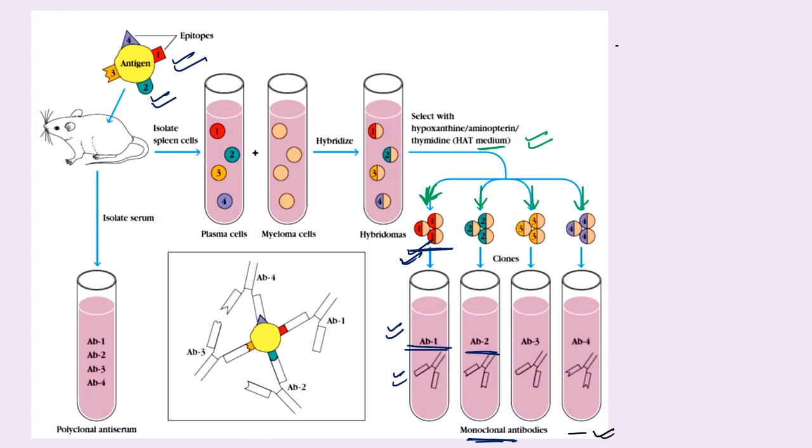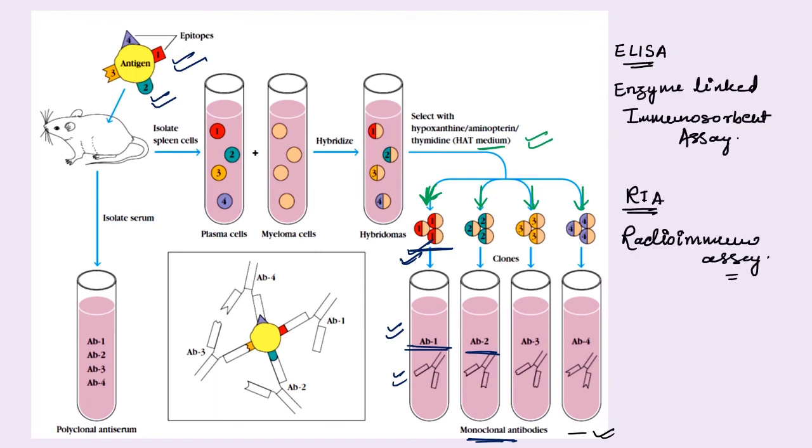Some of these are ELISA, which stands for enzyme linked immunosorbent assay, or we can perform RIA, etc. These are highly specific and sensitive immunological techniques through which we can confirm the monoclonal antibodies produced by the hybridoma technology.